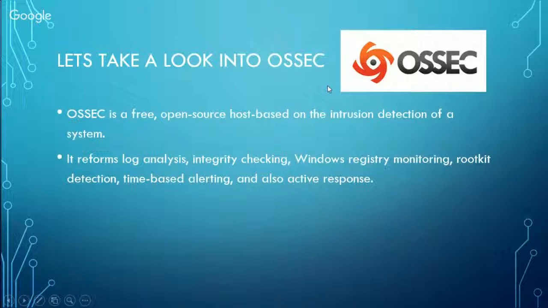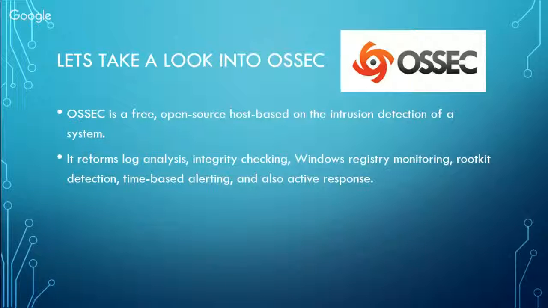Now let's take a look at what OSSEC is. It's a free, open source, host-based intrusion detection system. It gives you a whole bunch of different options, such as log analyzing and integrity checks, so it's checking to see if there are any other ways a person can get into your system.